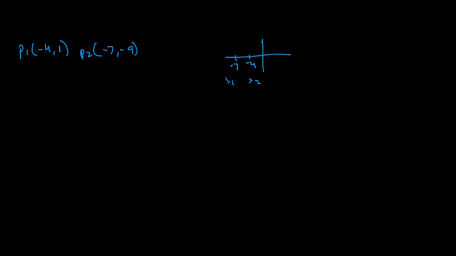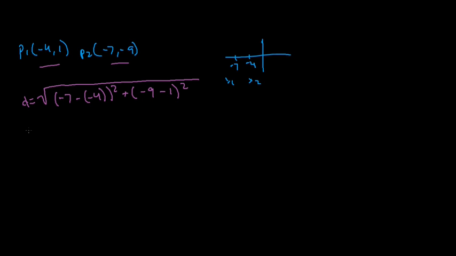So let's get a different color first. Let's do it the way they have it written here first. This one and this one. So the distance is equal to the square root of minus 7 minus 4 squared plus minus 9 minus 1 squared.